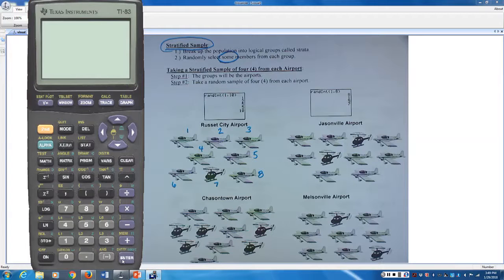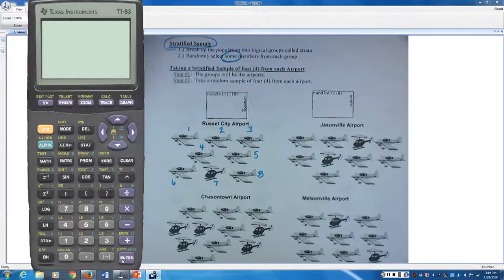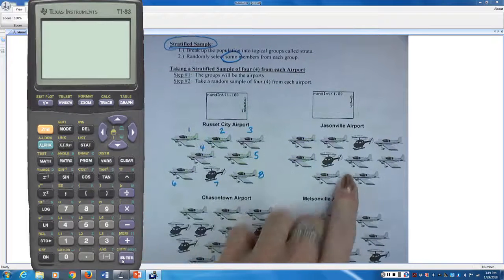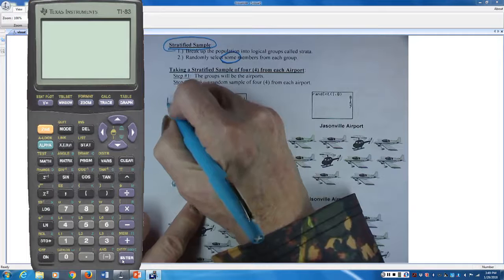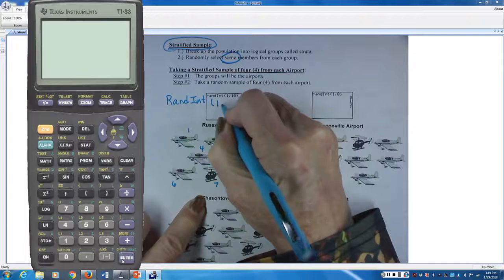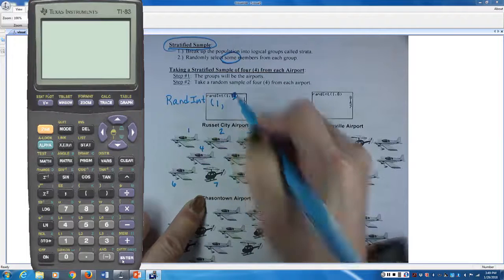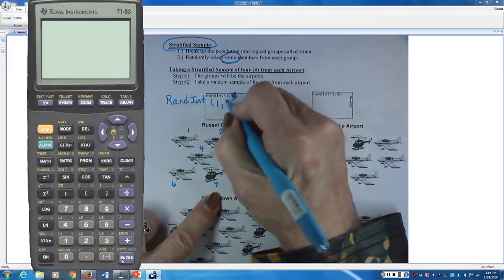Since I want a sample of 4, I want 1 aircraft from Russet City, 1 from Jasonville, 1 from Chasentown, and 1 from Nelsonville. So for this one, I'm going to choose a sample by going rand int 1, comma. Now this says 10 because somehow on the PowerPoint it was 10. But we see that we only have 8 here. So we're going to do rand int 1, comma 8.